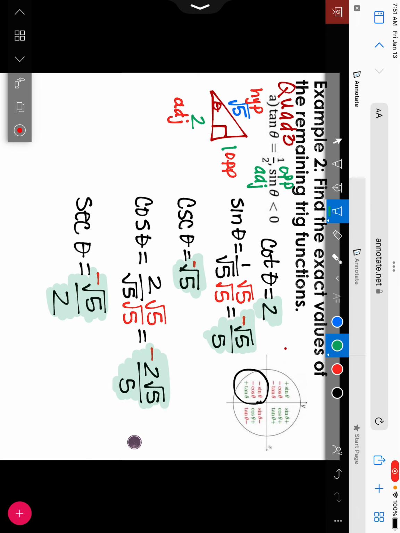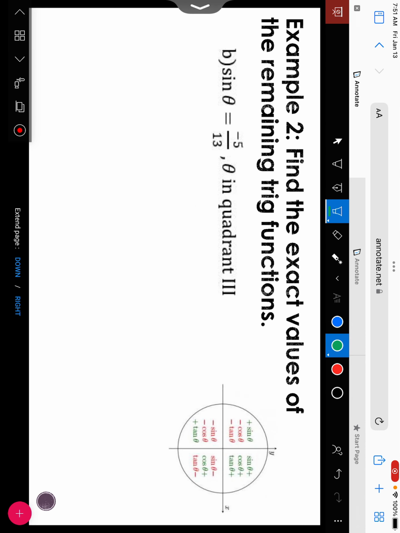Any questions about how we work through example 2? It's getting a little trickier. Okay. All right, last one. Let's go ahead and at least get it started, and we'll probably finish it Tuesday.